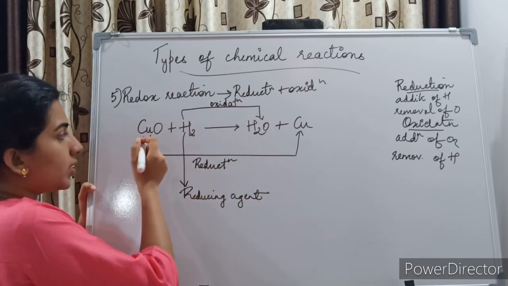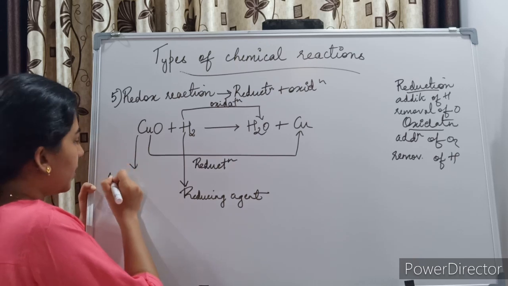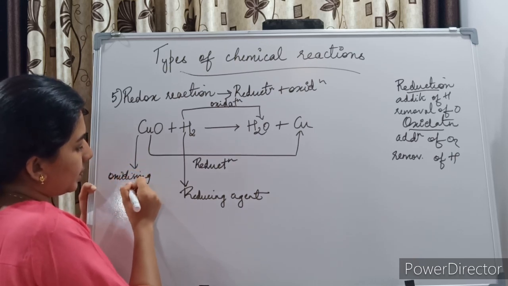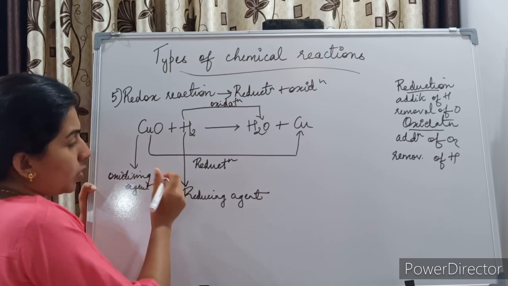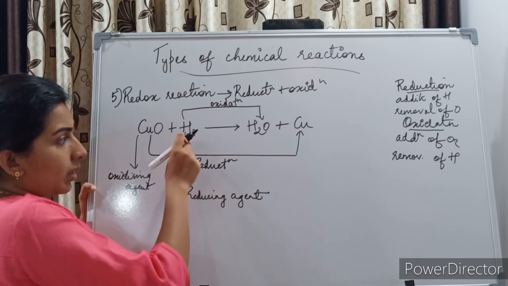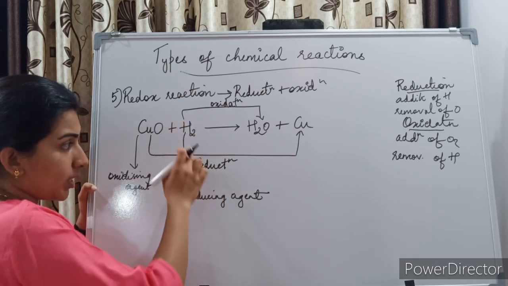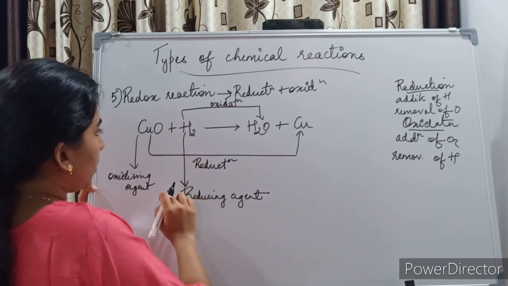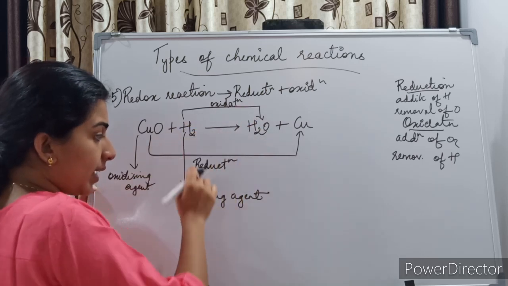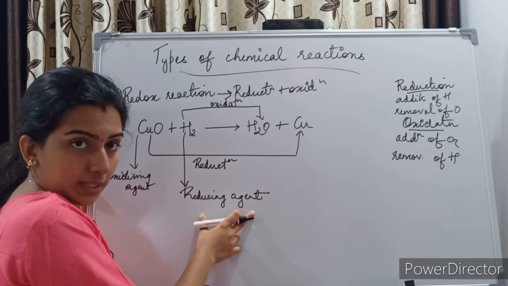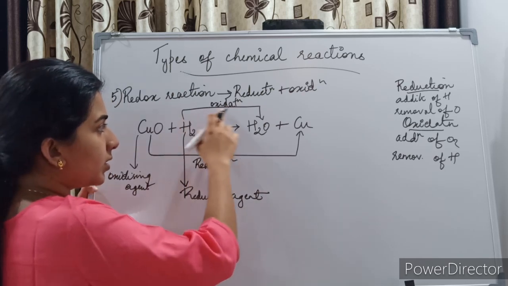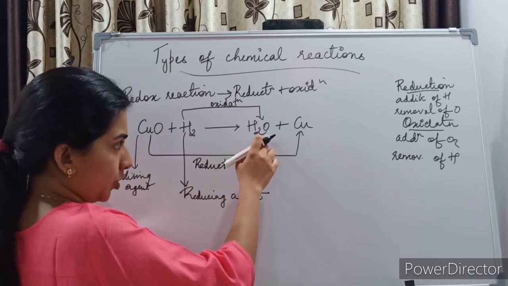So this copper oxide is the oxidizing agent. So in a redox reaction, the element which is getting oxidized is acting as the reducing agent. You get my point? Here hydrogen is oxidized to H2O, water.